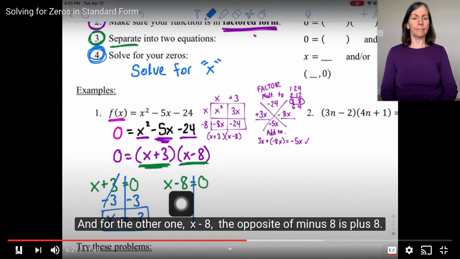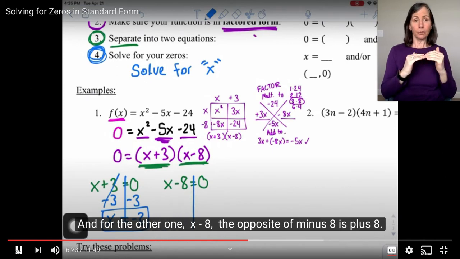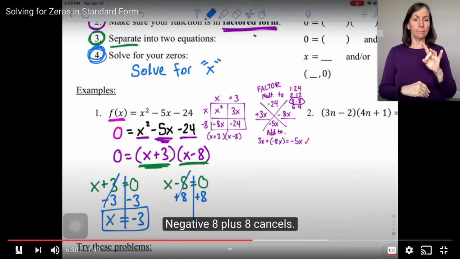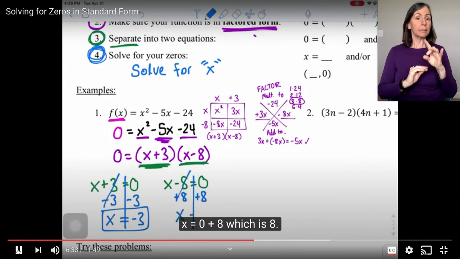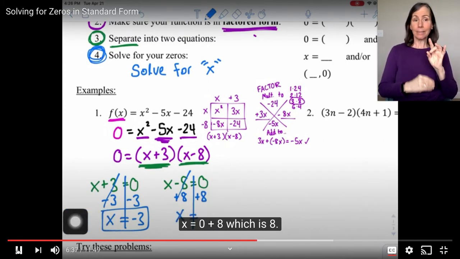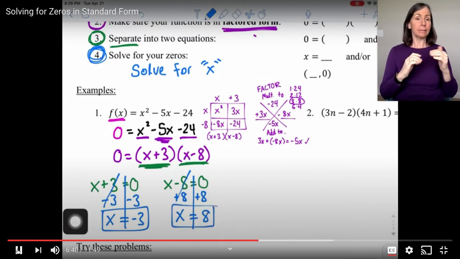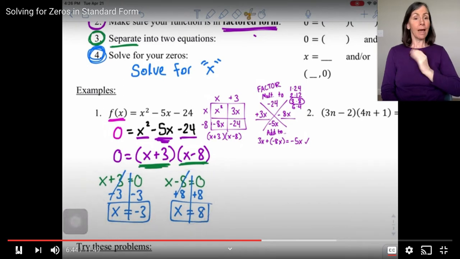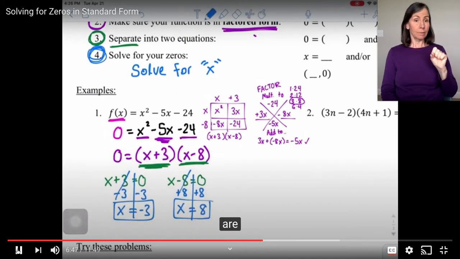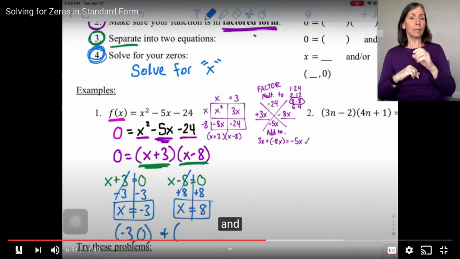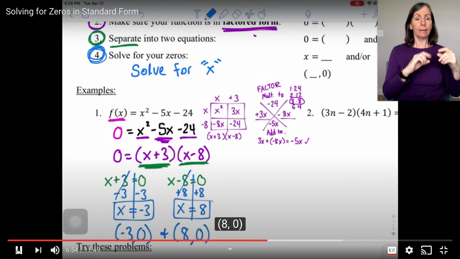And for the other one, x minus 8, the opposite of minus 8 is plus 8. Negative 8 plus 8 cancels. X equals 0 plus 8, which is 8. So our zeros are negative 3 comma 0 and 8 comma 0.